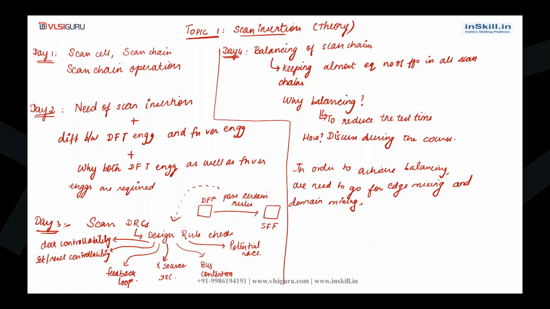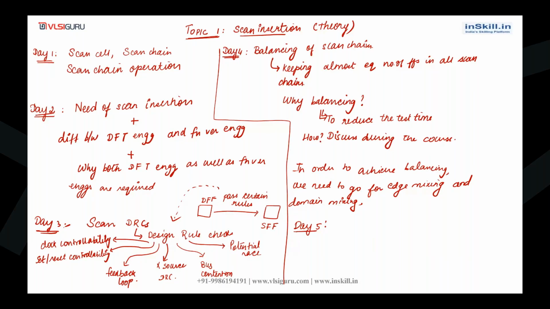Okay. And then next, in day 5, what we will discuss is, if you go for edge mixing and domain mixing, then it will in turn introduce some more problems. So that is what is called problems in edge mixing and domain mixing.